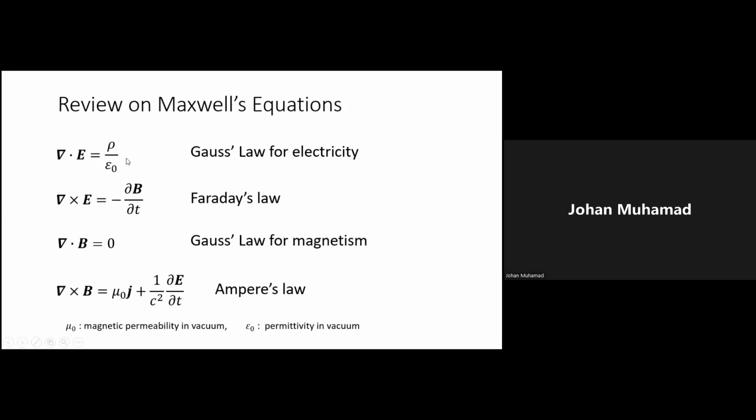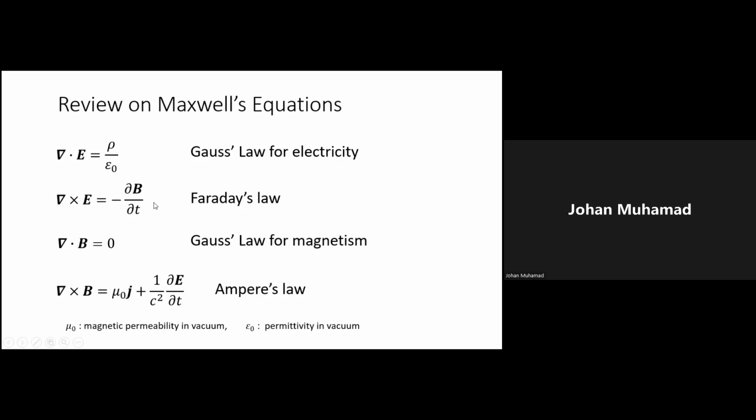I hope you already understand this, so I will not explain it in detail, but it explains that if we have a charged particle, the electric field will come from that charged particle in all directions, and the amount of the electric field will be proportional to the amount of charge.